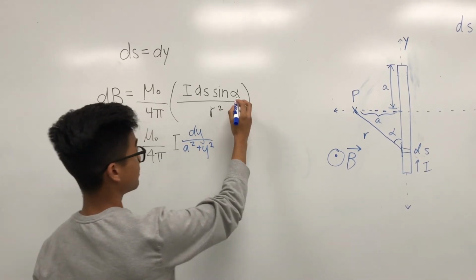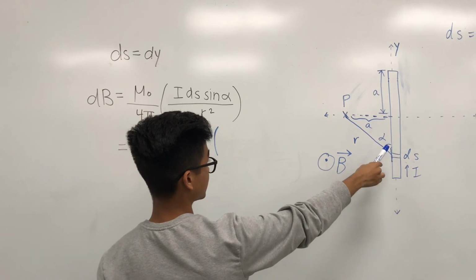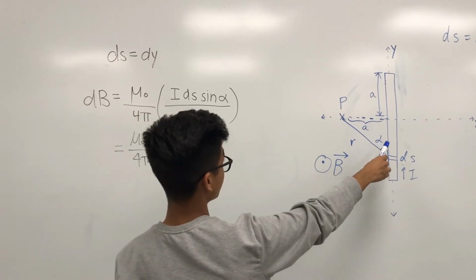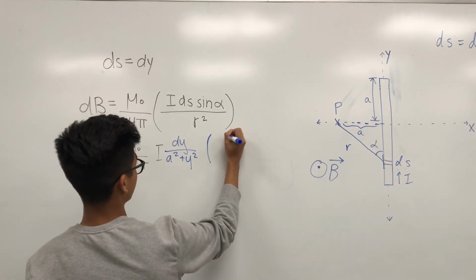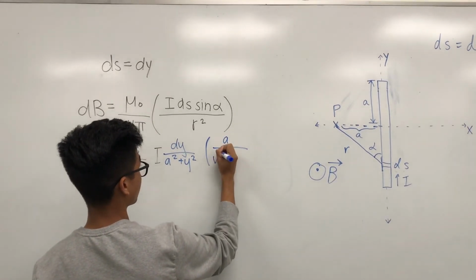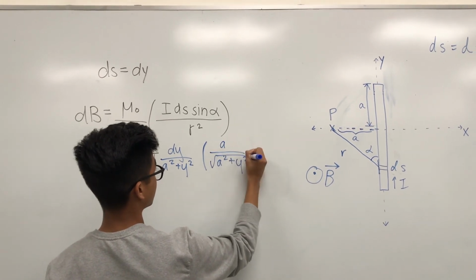Sine of alpha, according to our figure, is equivalent to the opposite over the hypotenuse, which is a over r, which is a over the square root of a squared plus y squared.